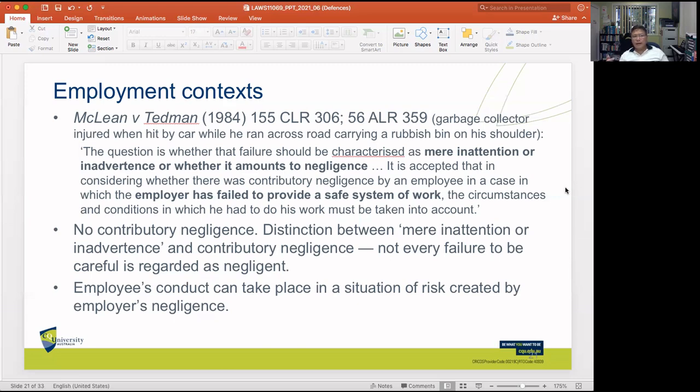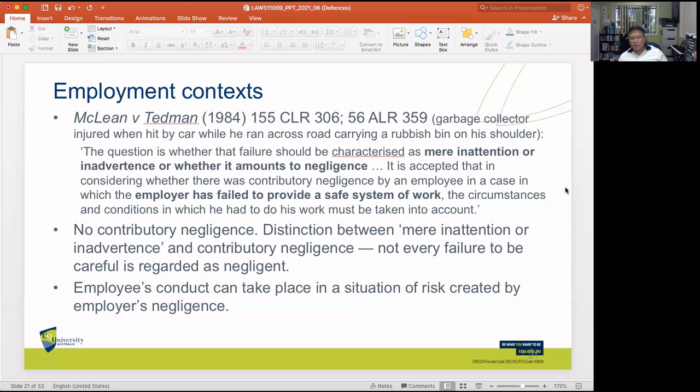So here, the court held that there was no contributory negligence. The court highlighted the distinction between mere inattention or inadvertence and contributory negligence. In other words, not every failure to be careful is regarded as negligent under tort law.